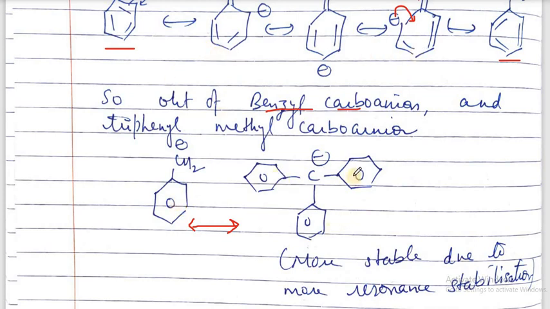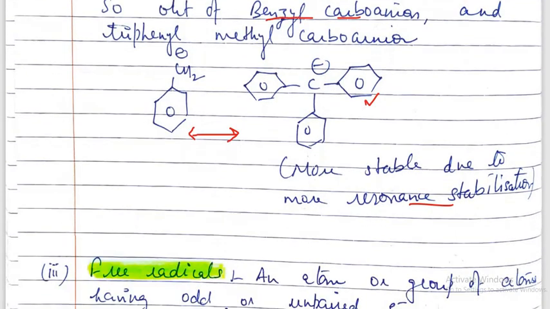In this one, 3 phenyl groups are present, so it will give 3 times such structures. The greater the number of structures, the greater the stability. So this carbanion will be more stable than this, due to resonance stabilization, as it has 3 times the resonance structures as compared to this. So resonance can also easily explain the stability of carbanions.